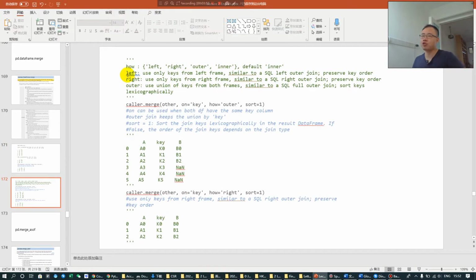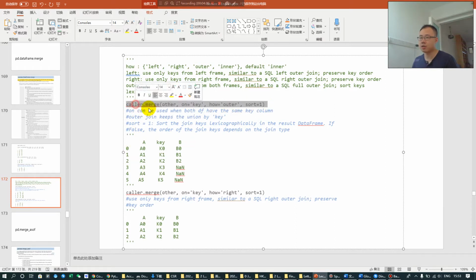Similar to pd.merge, we have a parameter called how, and how can be left, right, outer, or inner. The default value is inner. Say you want to merge other into the caller on key, because the names in both data frames are key, and how is outer.